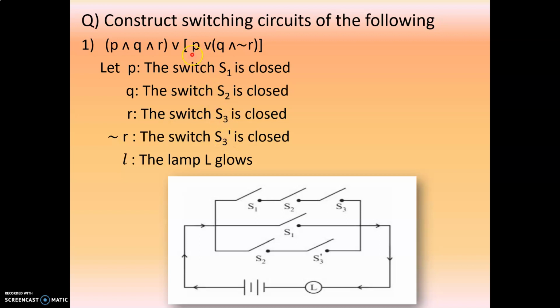So here after that, inside that bracket again we can see two sets. So one is single switch and others two switches which are connected in series. So first switch is S1, then you can draw this one S1, and in the third part is here, that is S2 and S3 dash. These two switches are arranged in series.